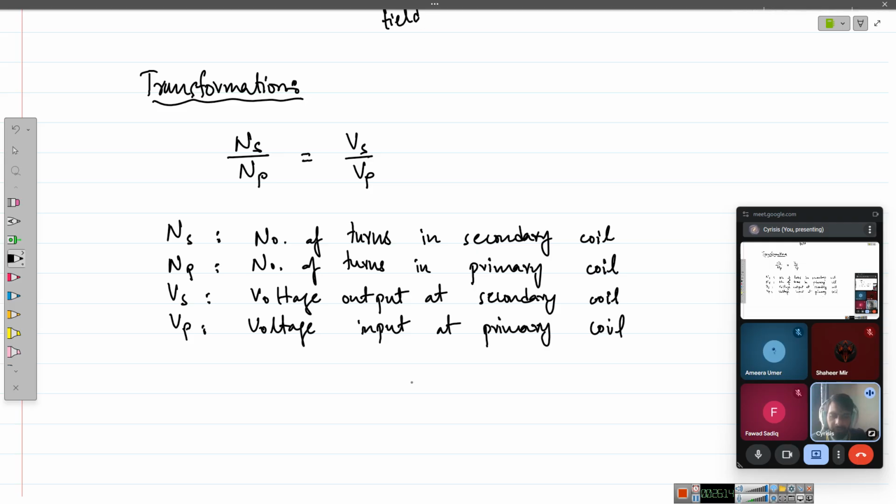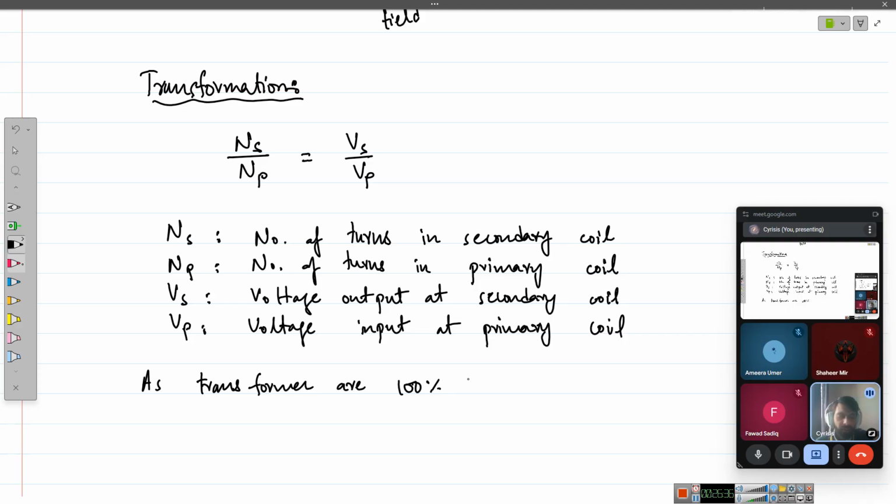Now keep in mind, transformers are considered 100% efficient, at least for your exam. Their efficiency is 98 or 99%, but that is nearly considered as 100%. So for exam purposes, we'll take 100% efficient transformers.